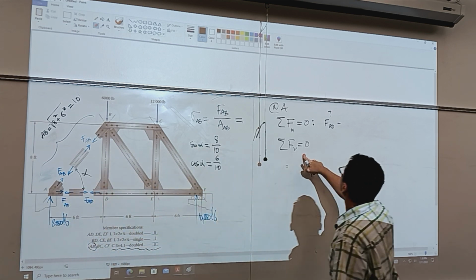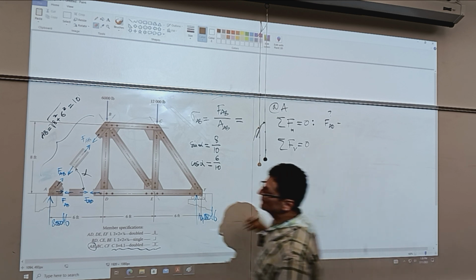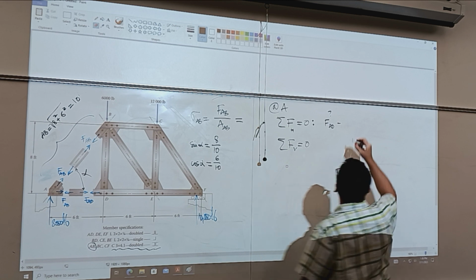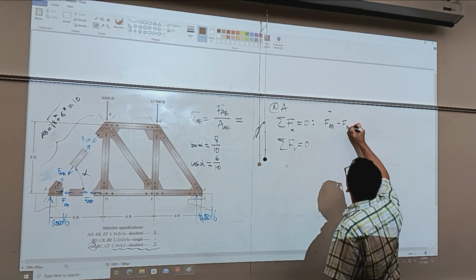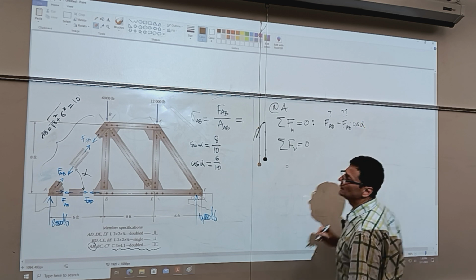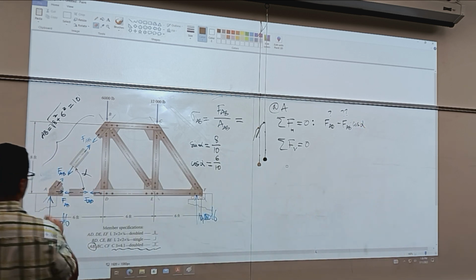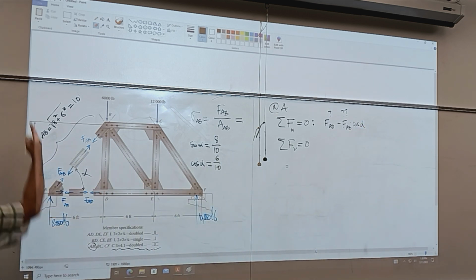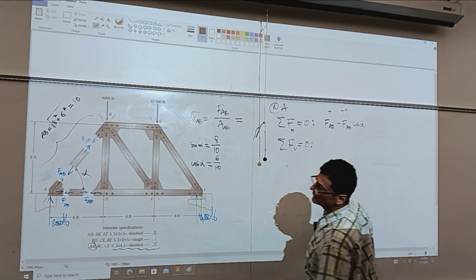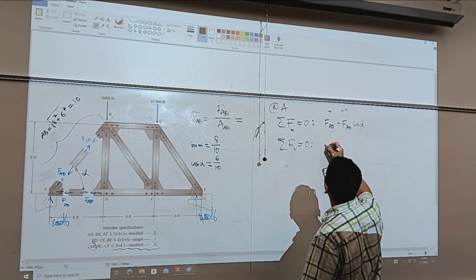Okay, so let's continue here. We have FAB times cosine alpha, and the other unknown, FAD. All right, and this is it. In the vertical direction, we say positive is up.